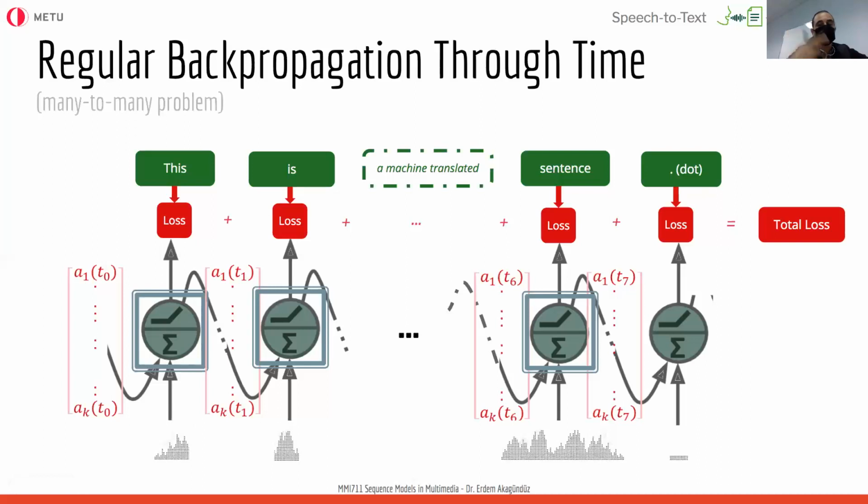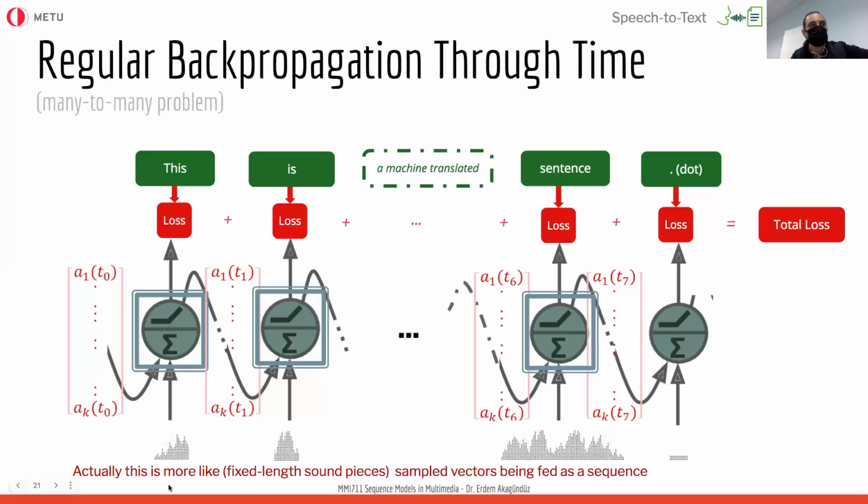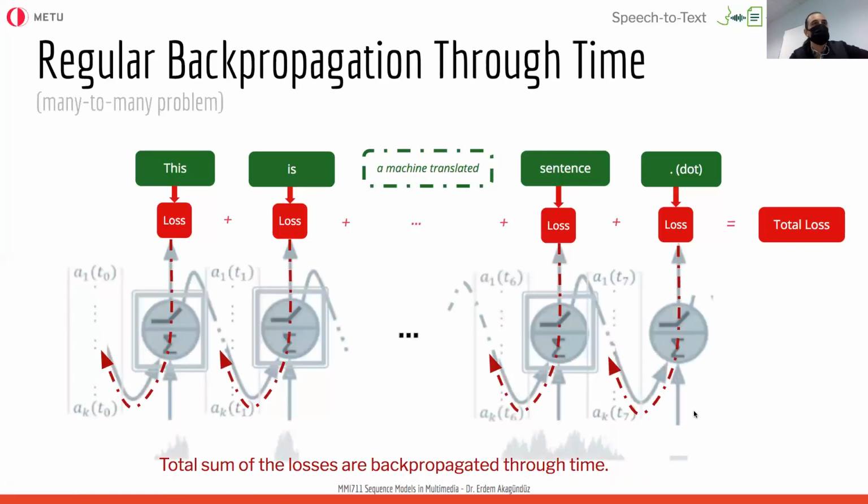But to make it simpler, because what we're trying to understand right now is not the model for a speech-to-text problem, but backpropagation through time. So when you apply backpropagation through time to a many-to-many problem, you are feeding the error in this unrolled-in-time graph in different losses, right? Actually, this is more like fixed-length sound pieces, sample vectors being fed as a sequence. So the total sum of backpropagated through time is used.